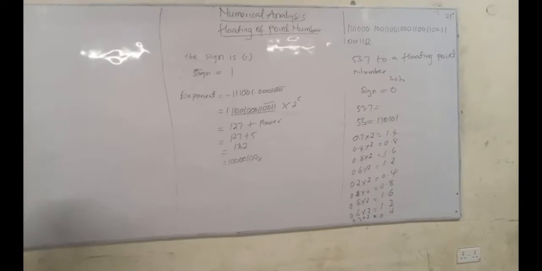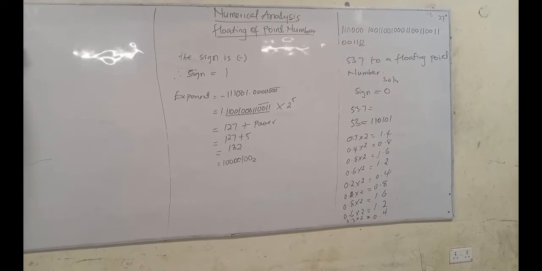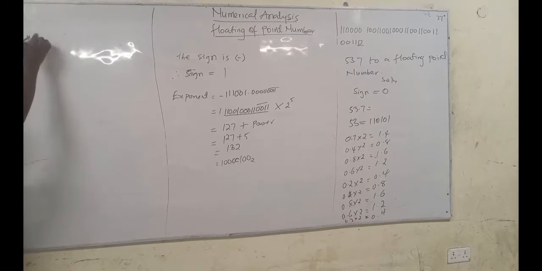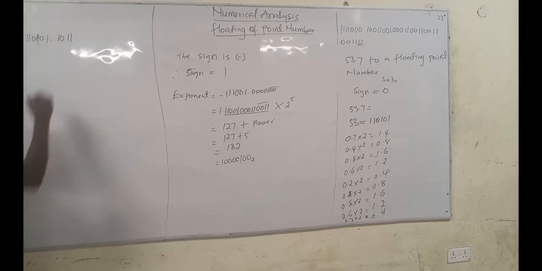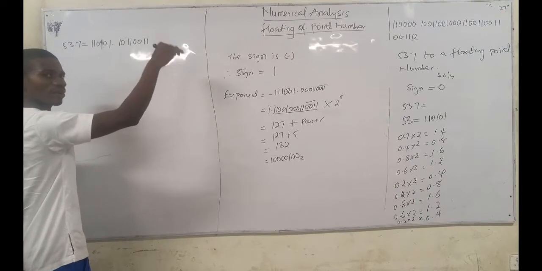So here, from here, we can say that my 53.7 is equal to 110101 point 1 0 1 1 0 0 0 0.